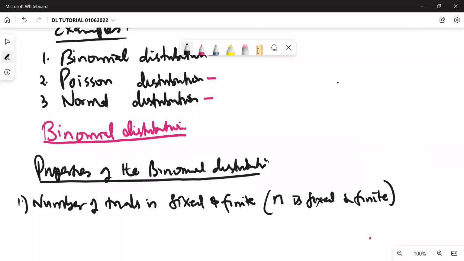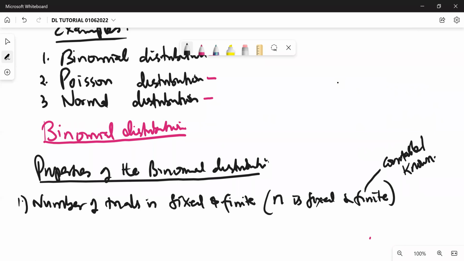Finite means it is countable, or the number is known. The number of trials is always known. Usually we fix it in advance. Before you start the experiment, you know the number of trials that you're going to run. For example, if you're tossing a coin, you may decide to toss the coin, let's say 1,000 times.